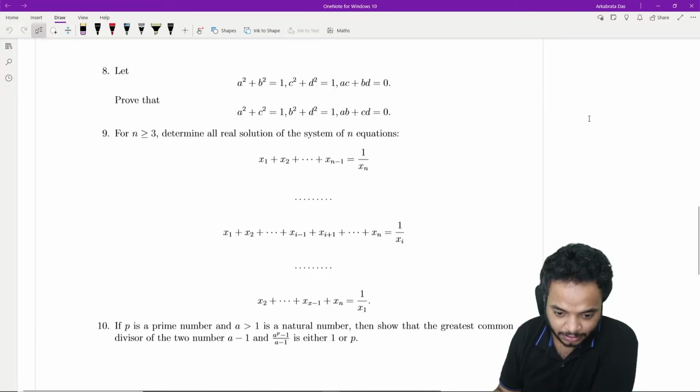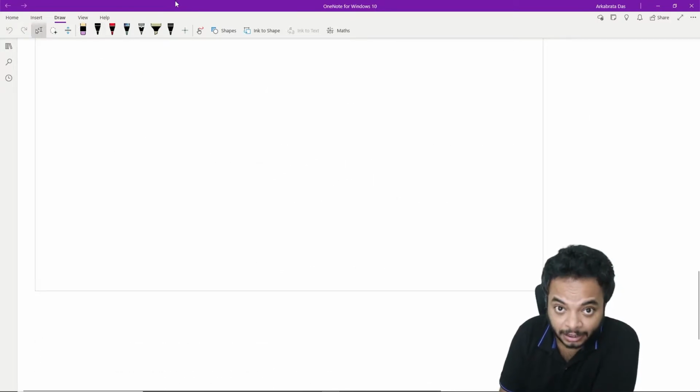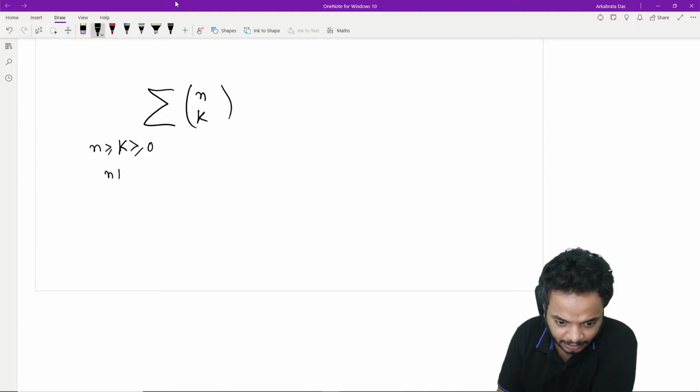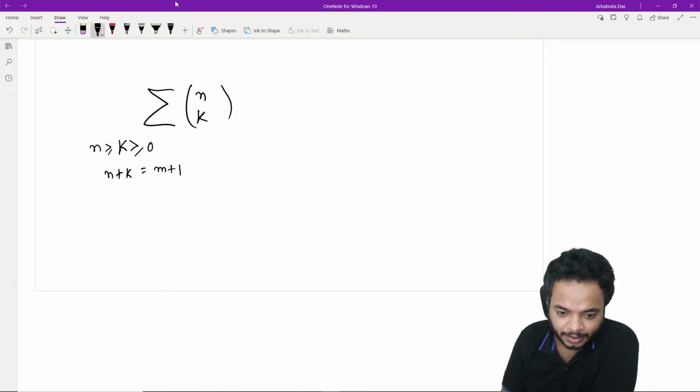Let's start with the sum: summation of n choose k, with n greater than or equal to k greater than or equal to 0, and n plus k equal to m plus 1.